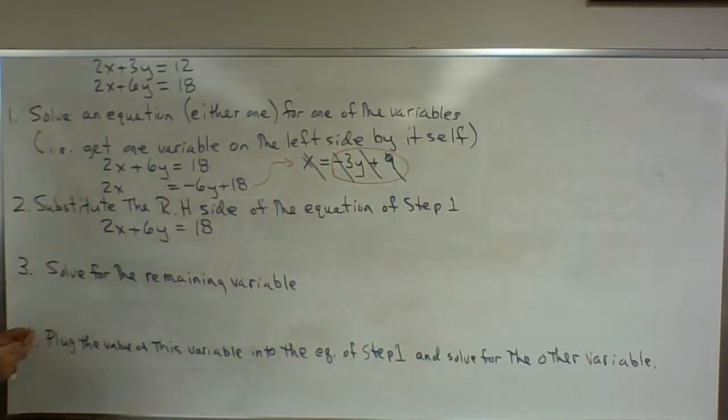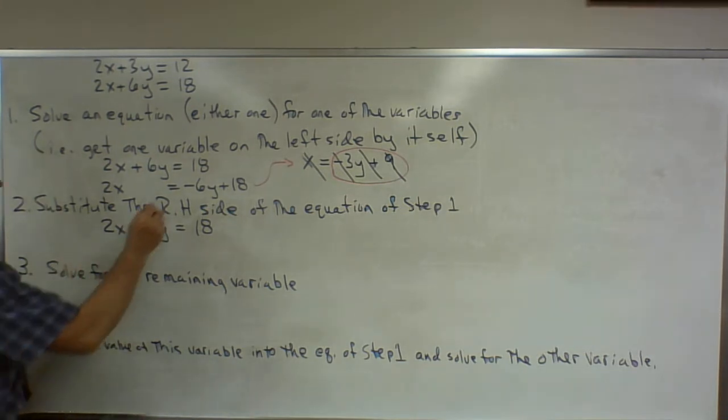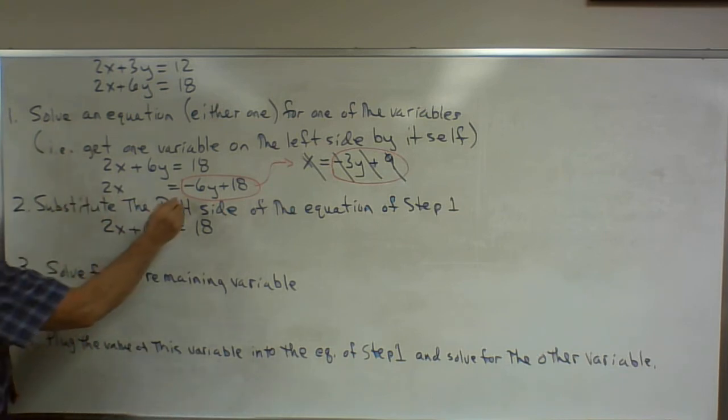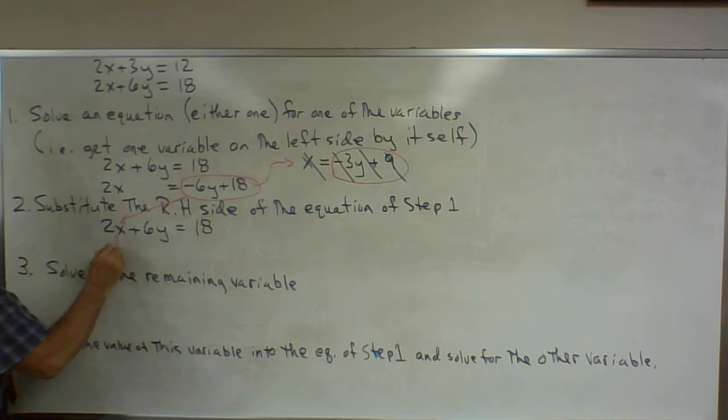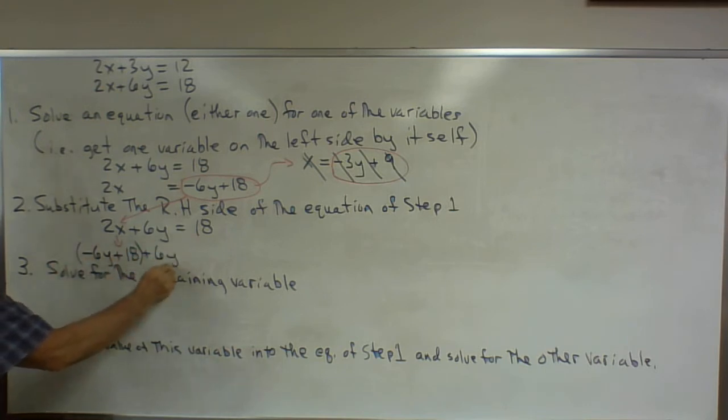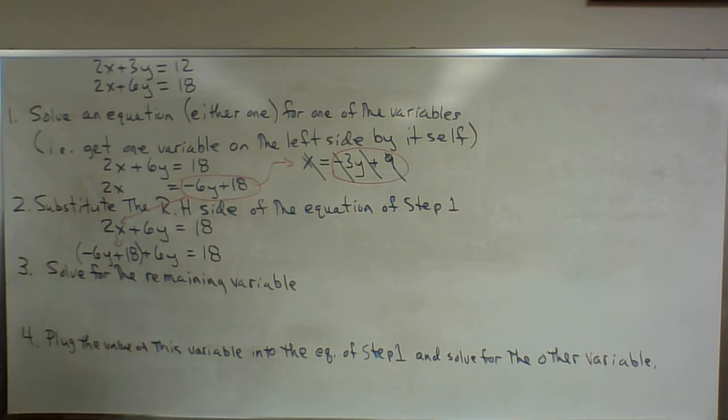What I can do is take the right-hand side of this equation, which is equal to 2x, and substitute that in for 2x. 2x is equal to negative 6y plus 18. Plus 6y equals 18. Well, this is going to be interesting. Oh, you know what? I've done something wrong.